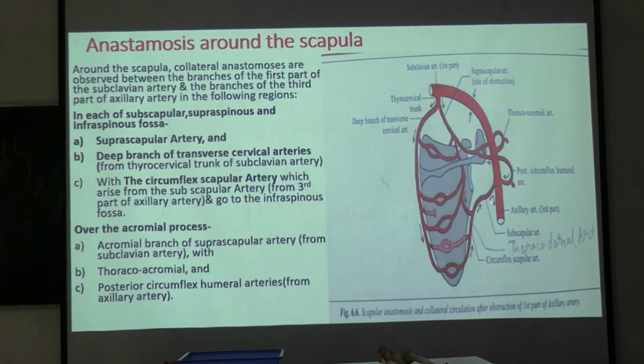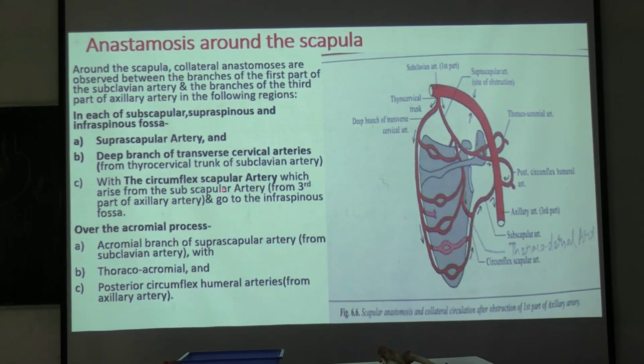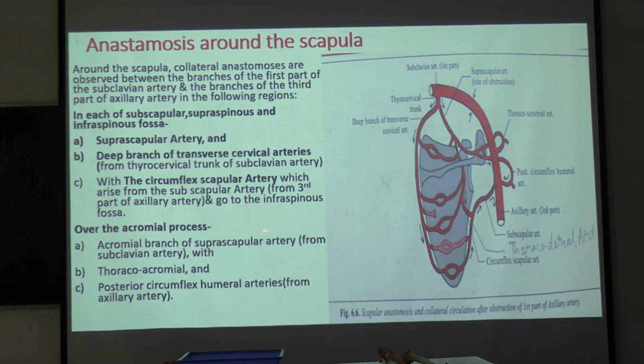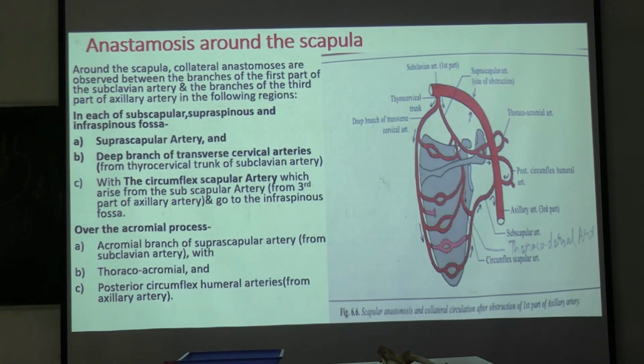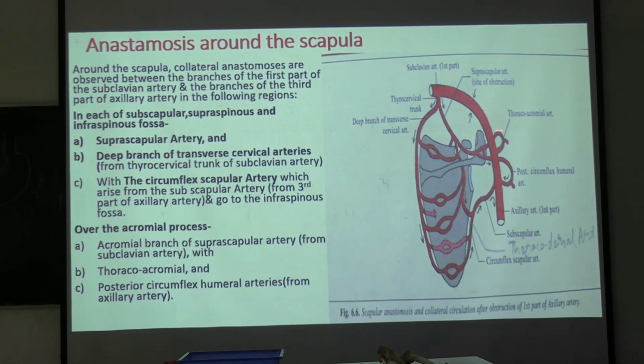Here is the circumflex scapular artery, which arises from the subscapular artery, a branch of the third part of the axillary artery. So anastomosis occurs between the first part of the subclavian artery and the third part of the axillary artery. And go to the infraspinous fossa.